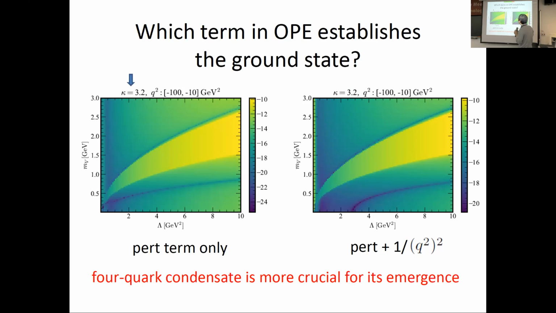Then you add the 1 over Q^4 term, the quark and gluon condensate. We don't see the plateau either. So it means that the four-quark condensate plays a crucial role in establishing the bound state. Here we do some fine tuning, so we set kappa equal to 3.2.